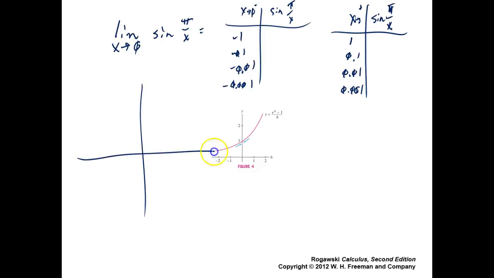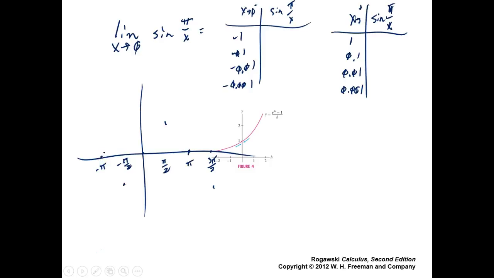Let's do our good old sine curve again. Starts at 0, at pi halves it goes to 1, at pi it goes down to 0, at 3 halves pi it's -1. Over here, it goes down to -1 at minus pi halves, and at minus pi it's back up at 0.